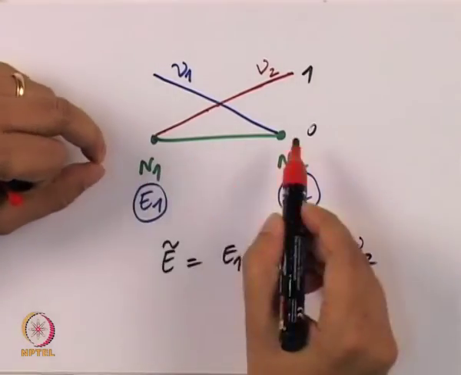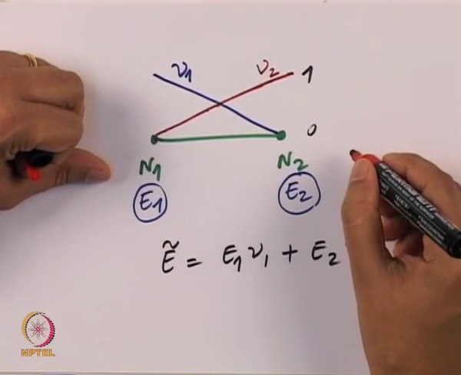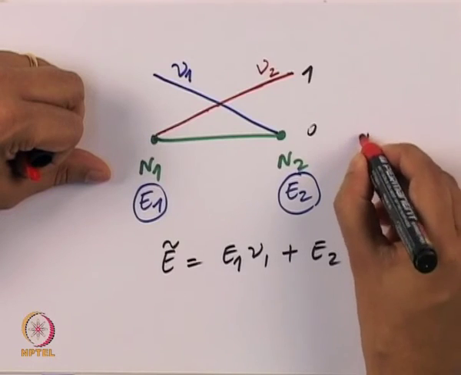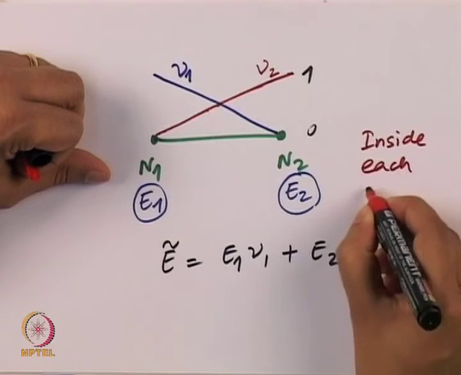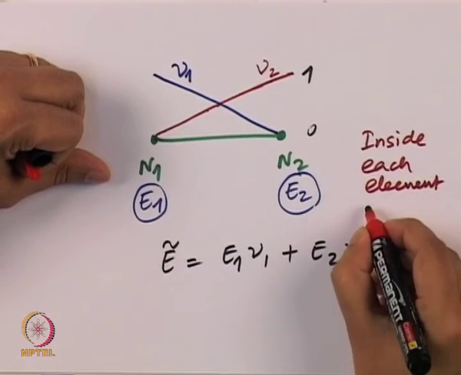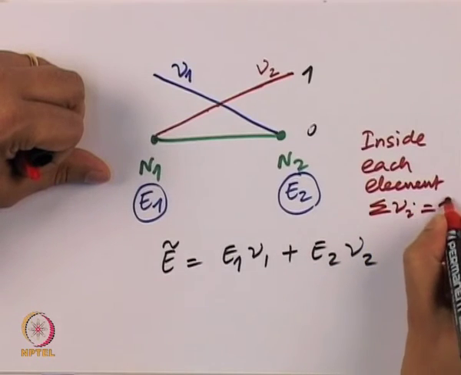Inside each of the elements, the sum of the basis functions' contributions should always be equal to 1. So inside each element, the sum of Vi should be equal to 1.